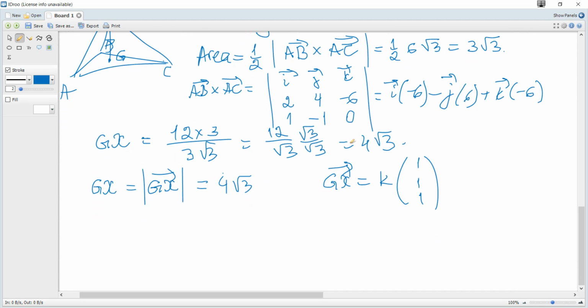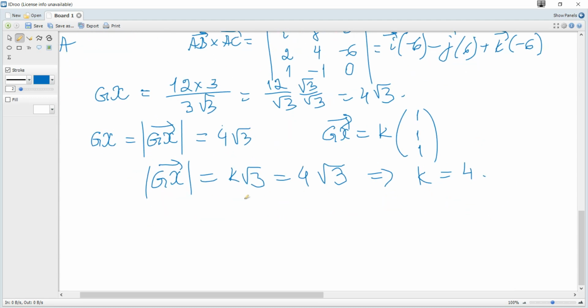And since the magnitude of Gx is known, it's the square root of the sum of squares of the coordinates, so it becomes k root 3, and it should be equal to 4 root 3, hence k is 4.